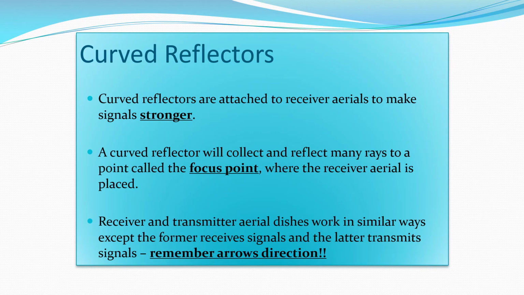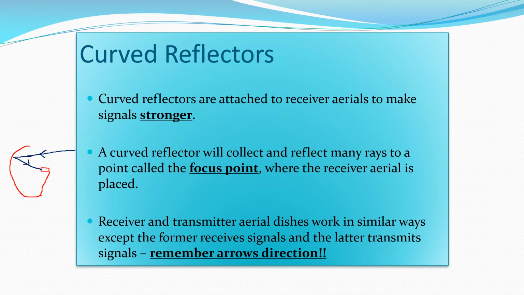So if you had your curved dish like this, and it's got the aerial here on it, and then you had the light coming in like this, and it's getting bounced back there. That's a receiver, that's an aerial, that's receiving signals.